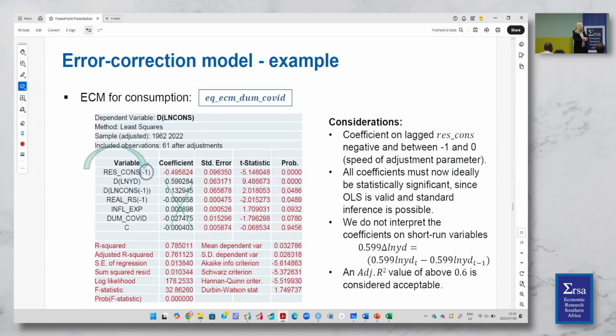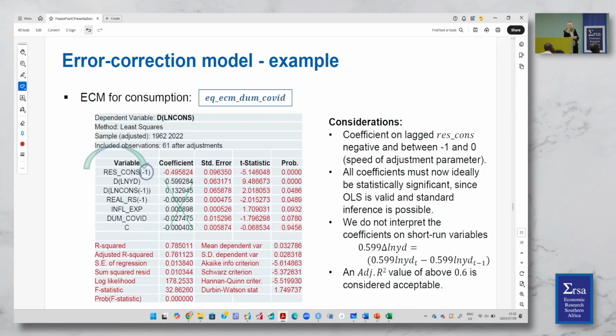And everything else is in red, implying we have to focus on everything that's in red here. Because now the distributions are standard, so we are interested to know that everything is now significant, except maybe the constant. We may decide or not decide to drop it, but it's always better to keep it, even if it's not helping. So now we can say, well, we explain 76% of the variation.